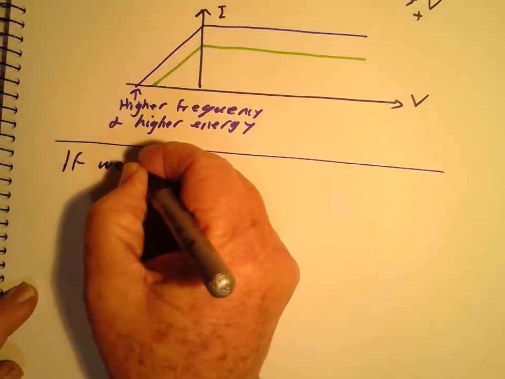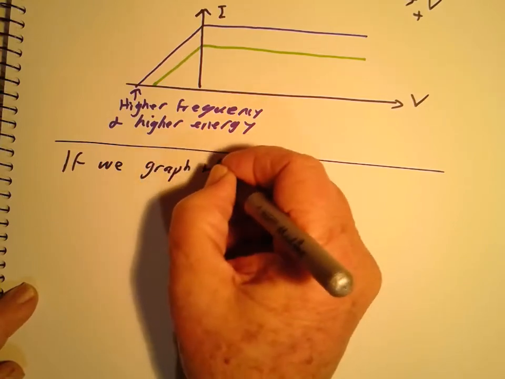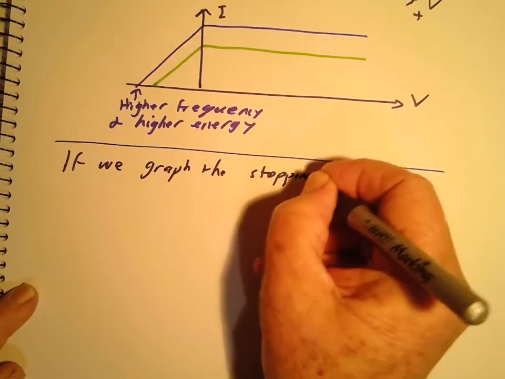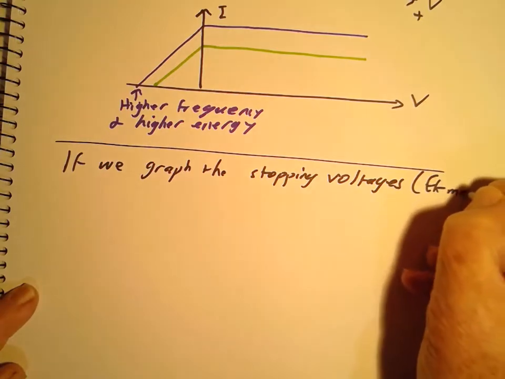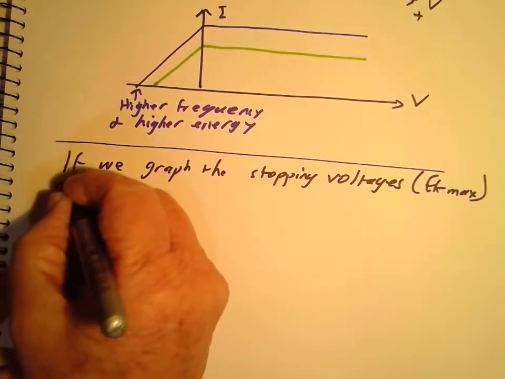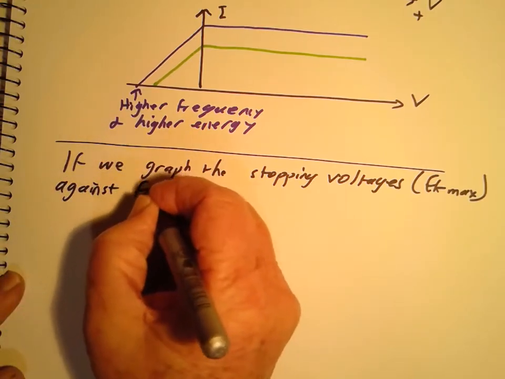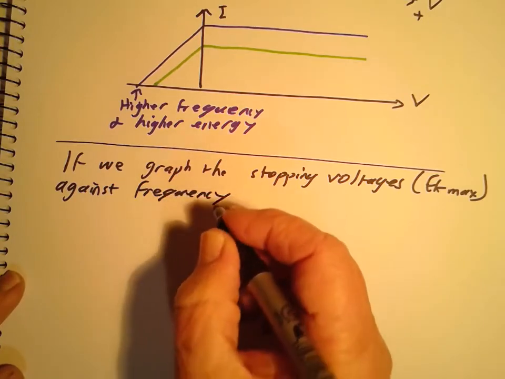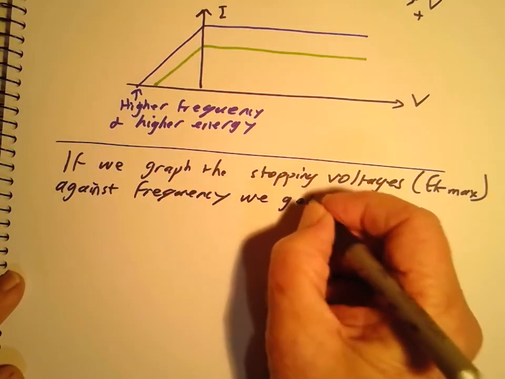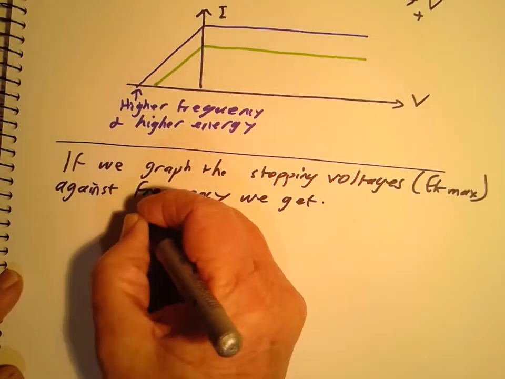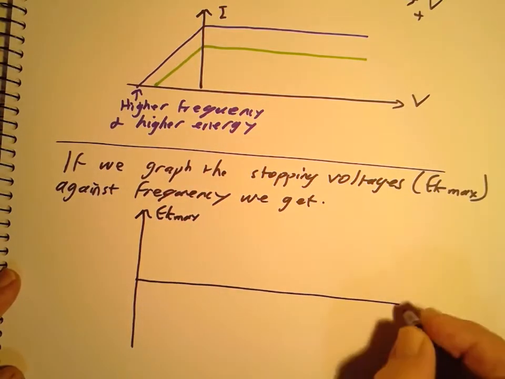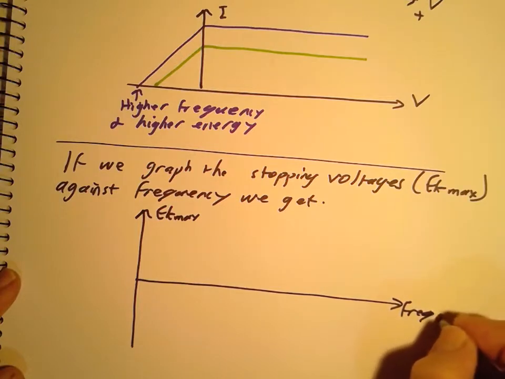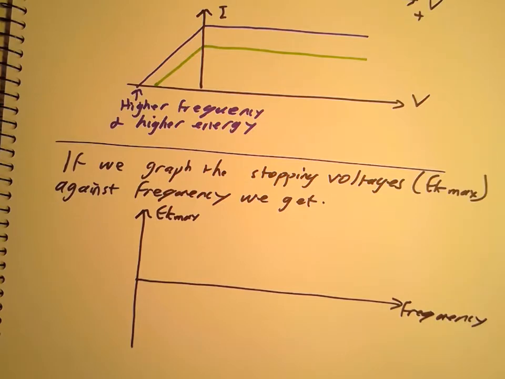If we graph the stopping voltages, which of course is EK max, against frequency, and there's more of this to unpack in class, we get EK max against frequency, and what we do is we get a different graph for each different metal.